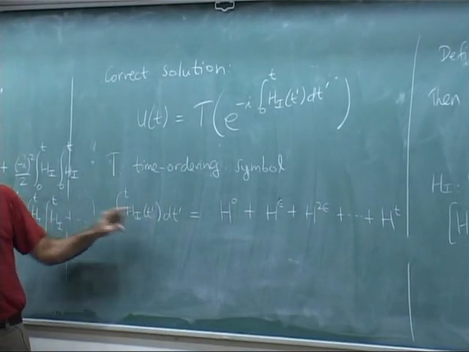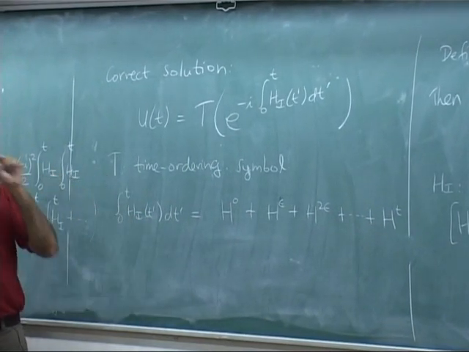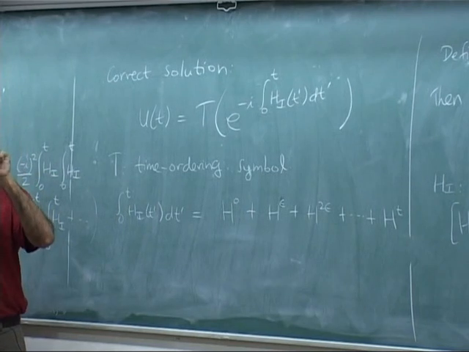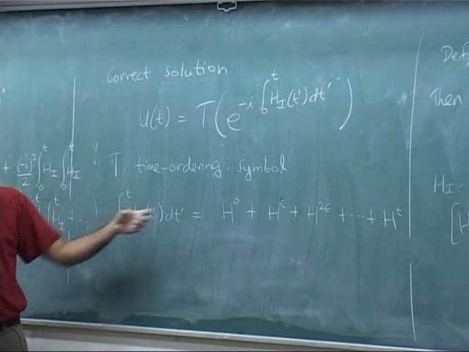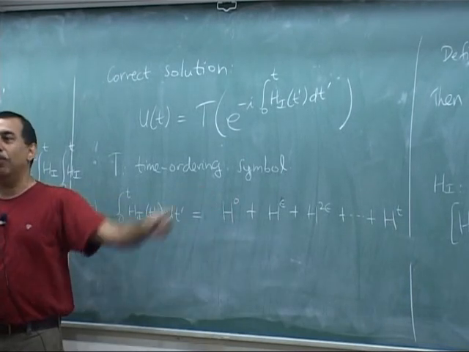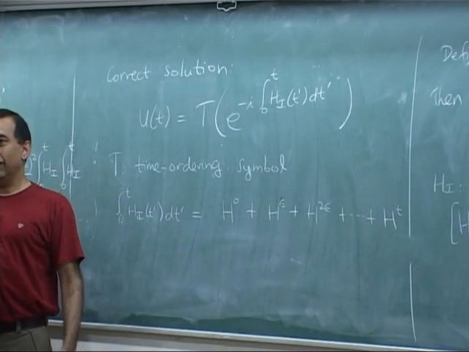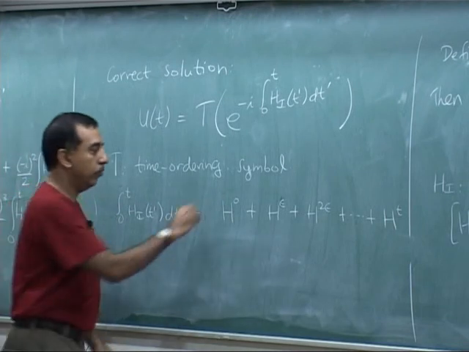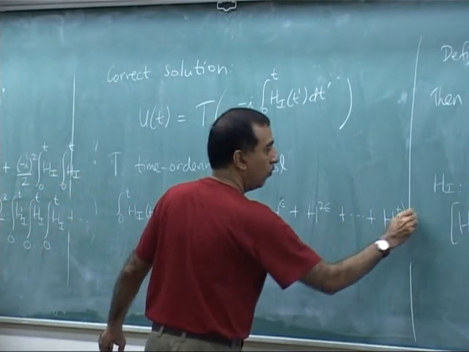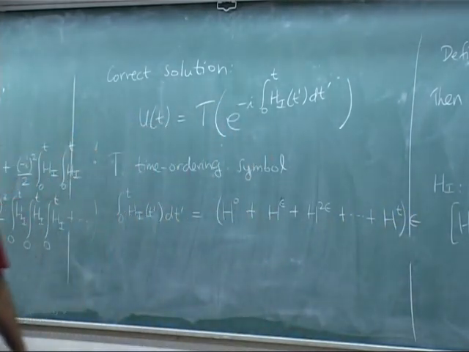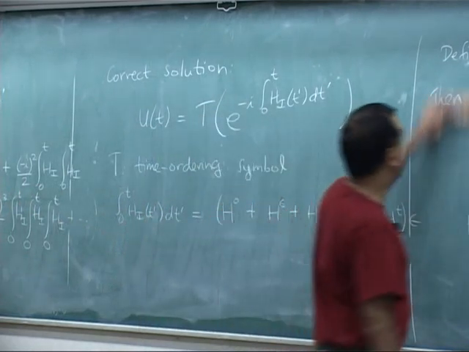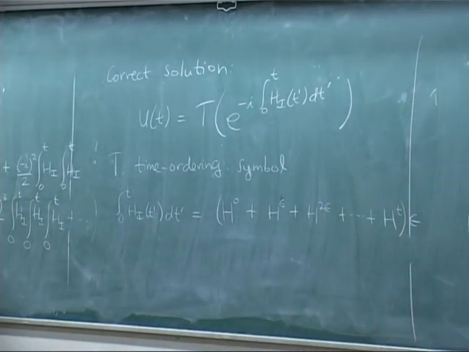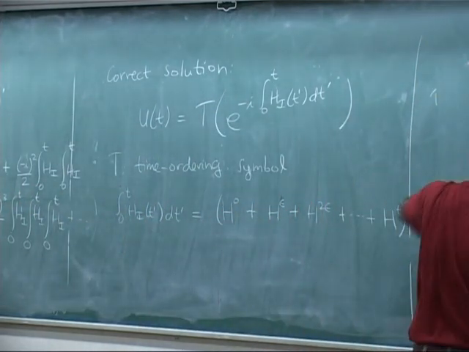When there's an integral, we divide this range 0 to t into small pieces: 0 to epsilon, epsilon to 2 epsilon, 2 epsilon to 3 epsilon, like that. And basically an integral is nothing but a sum over all those, times epsilon. Now consider the ordinary exponential of this quantity and then consider the time-ordered exponential.